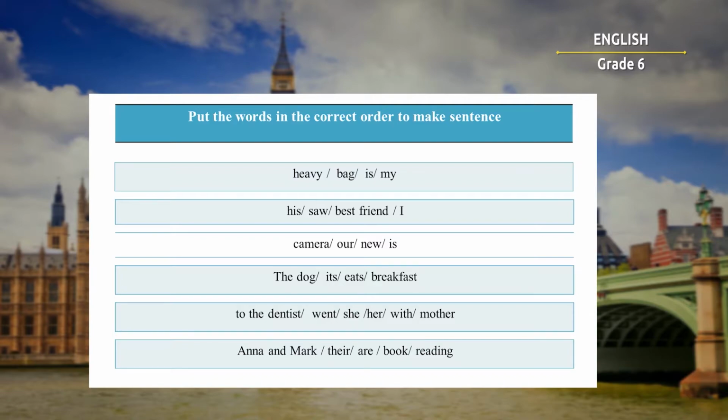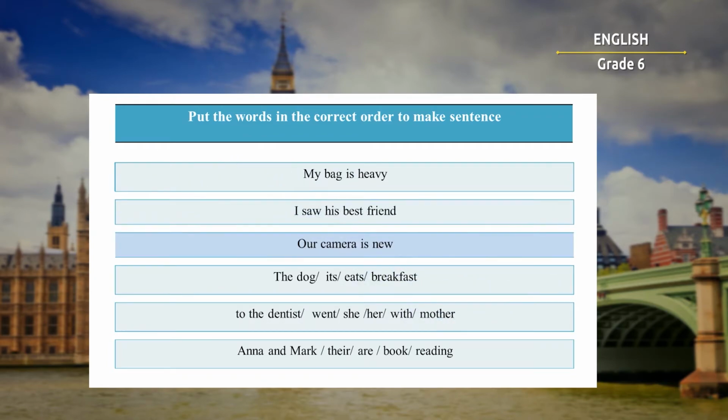Well done! Compare your answers. First one. My bag is heavy. I saw his best friend. Third one. Our camera is new. The dog eats its breakfast. She went to the dentist with her mother. Anna and Mark are reading their book.